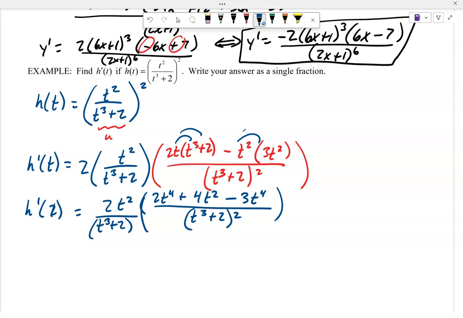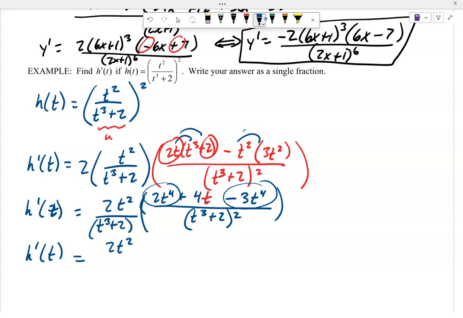So h prime of t is 2t squared. And then notice I got 2t to the 4th minus 3t to the 4th, so I got a negative 1t to the 4th, right? And I've got 2t times 2, which is a 4t there, sorry about that.